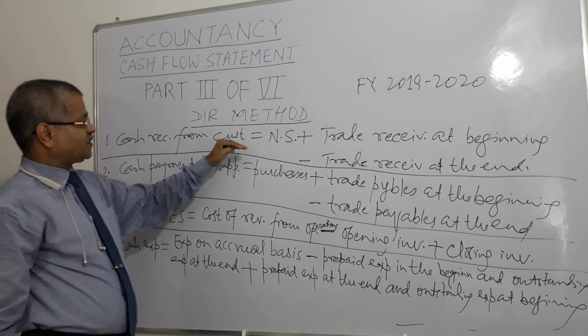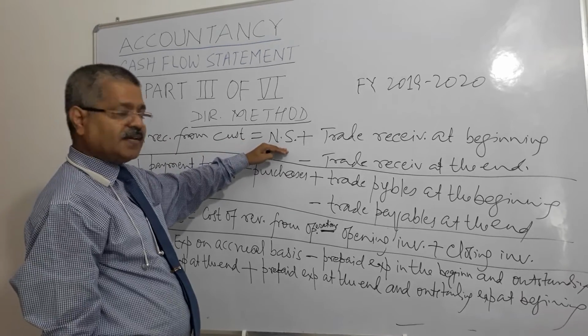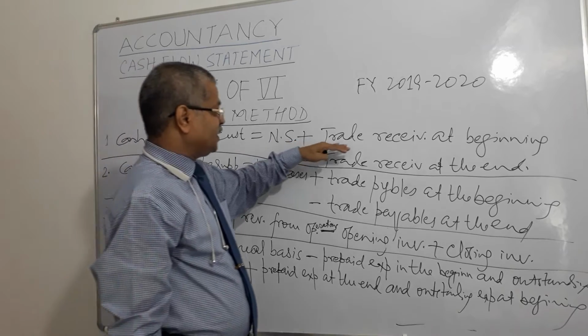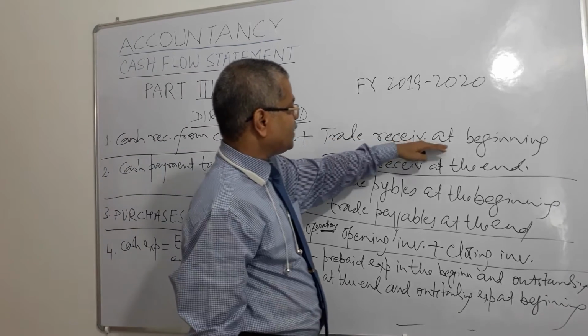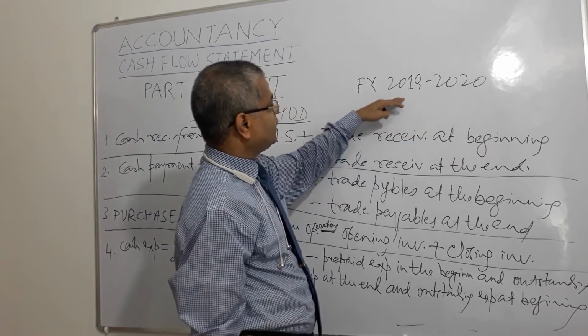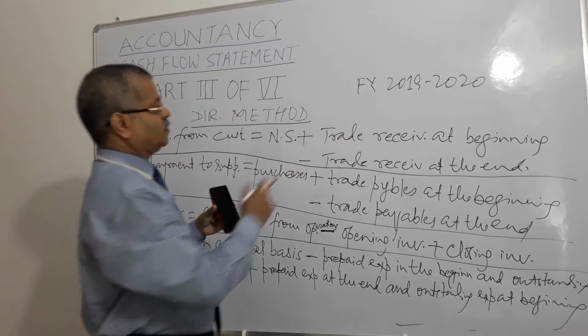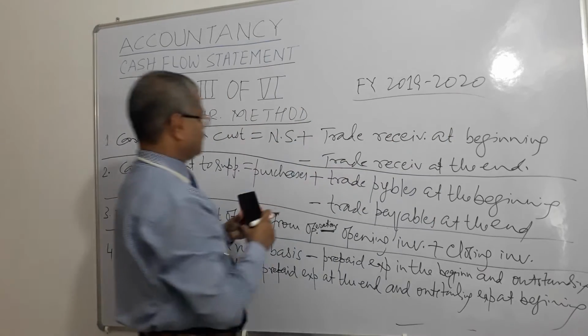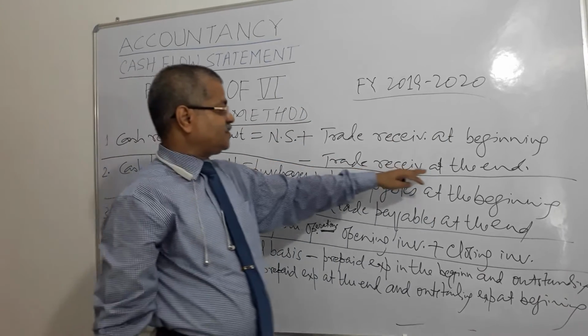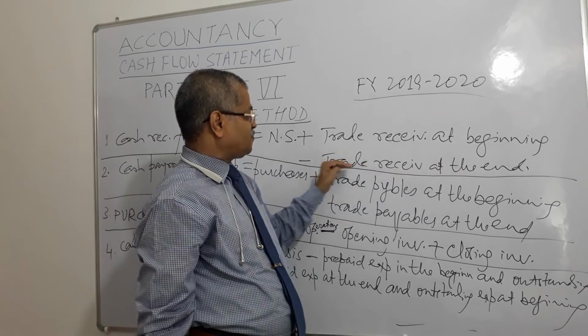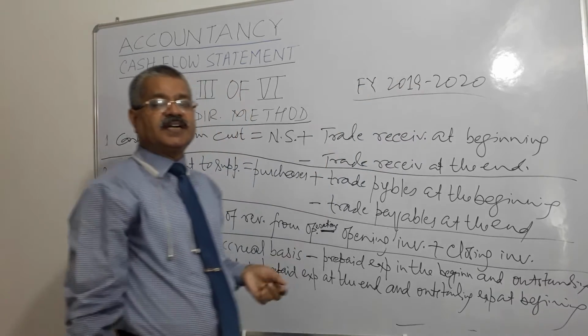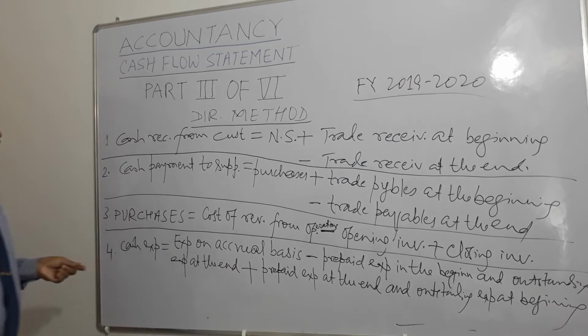Cash received from customers is equal to net sales plus trade receivables at the beginning, on 1st of April 2019, minus trade receivables at the end, 31/3/2020.